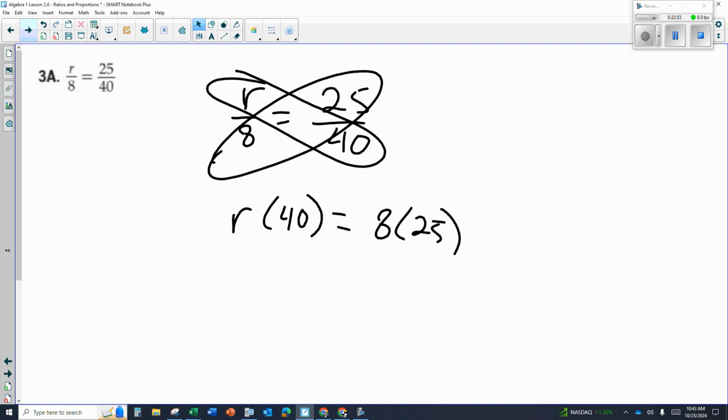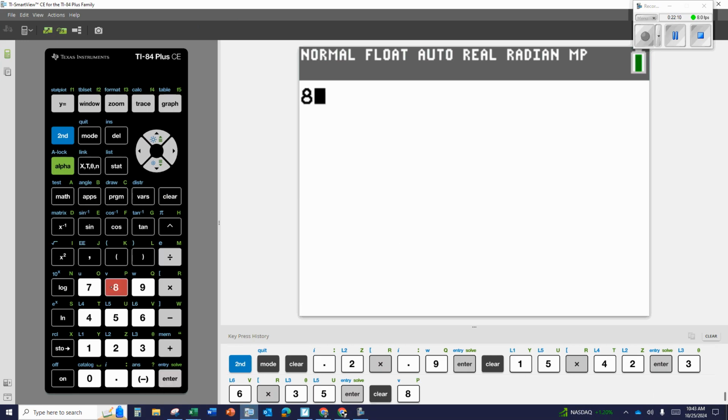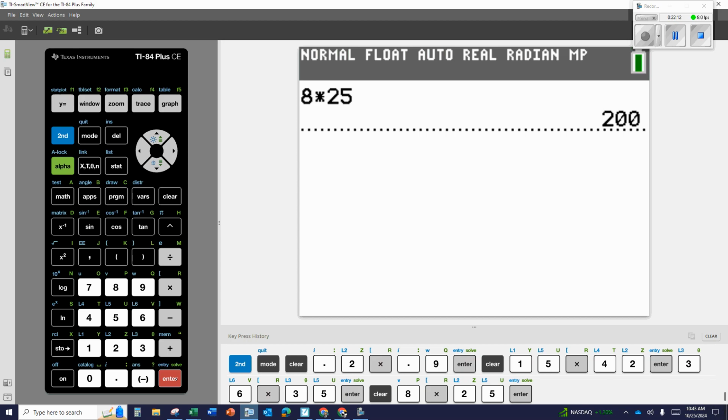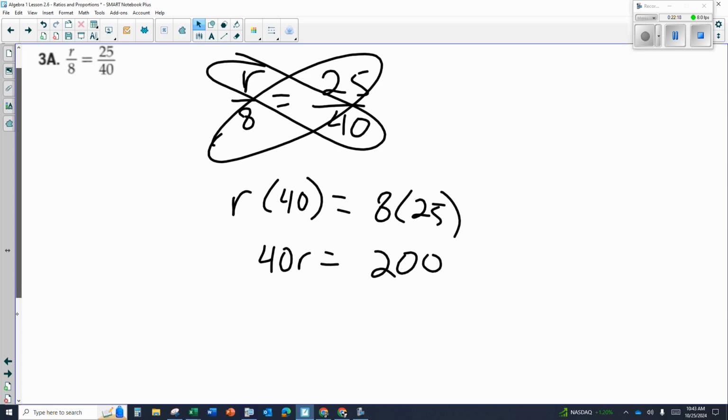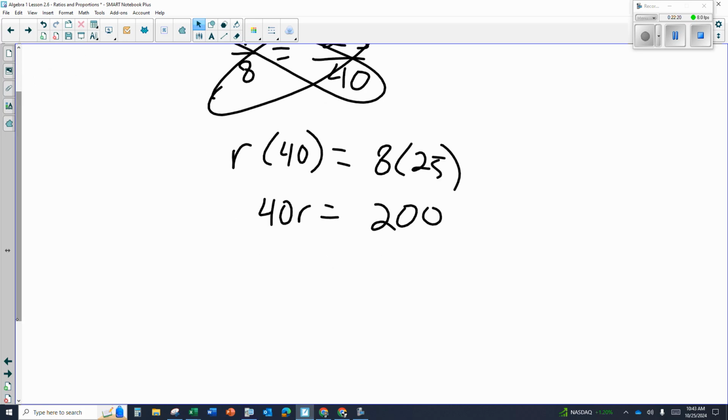And r times 40, well, that's just 40r. 8 times 25. If you need the help of a calculator, please use that. 8 times 25, well, it's just 200. And now we're solving for r. So we have 40 times r. To solve for r, 40 times r is going to be divided by 40. Golden rule of algebra.